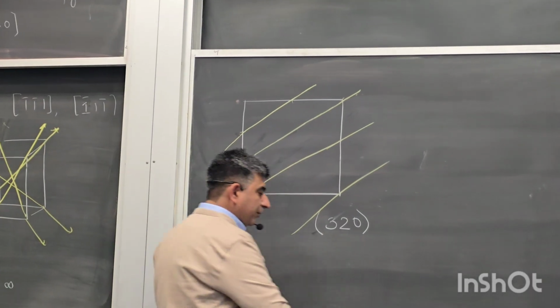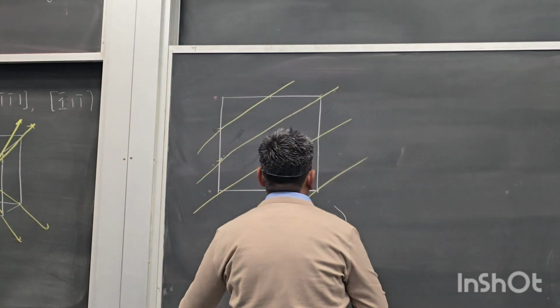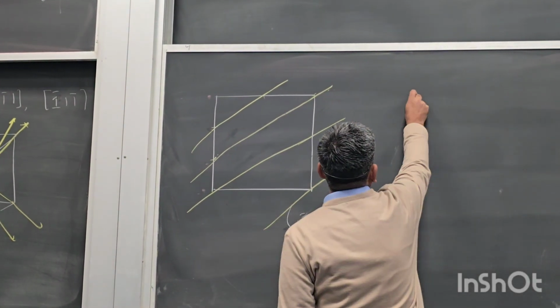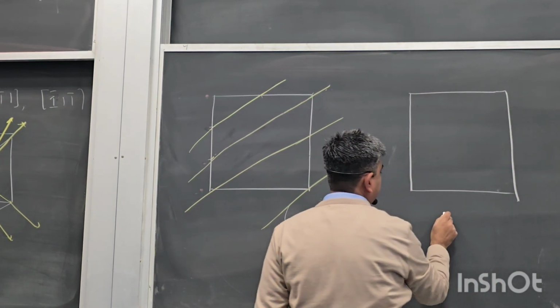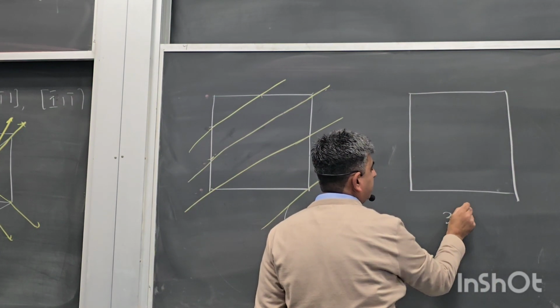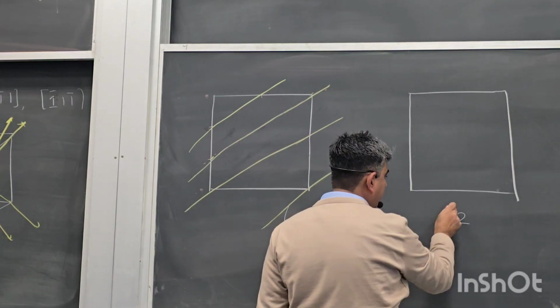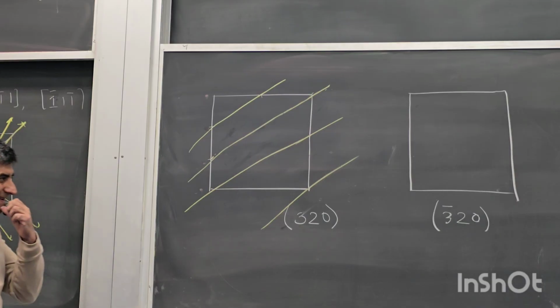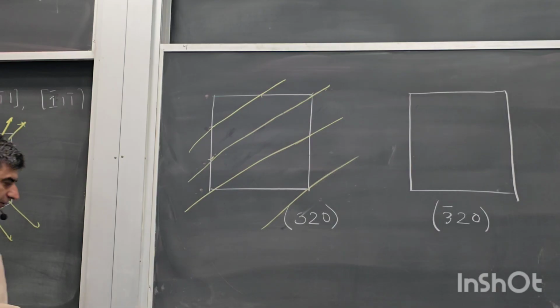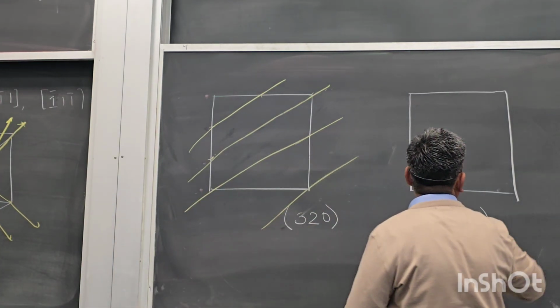So what about 3 bar 2 0? Let me draw a diagonal section. So these planes will be of this kind.